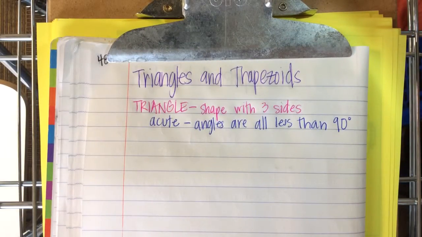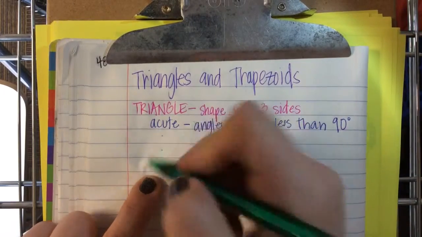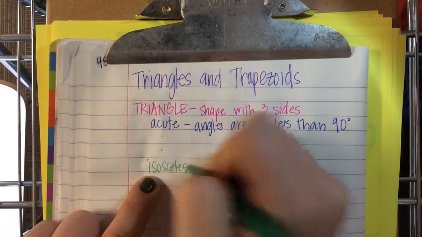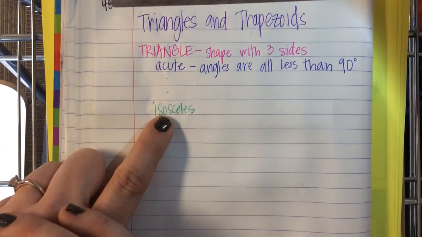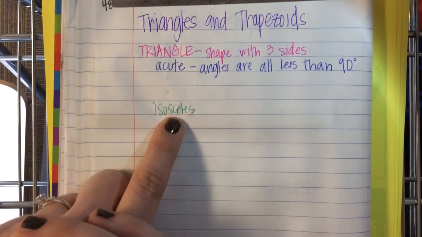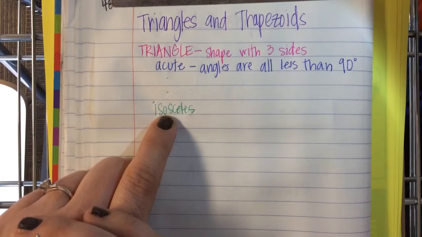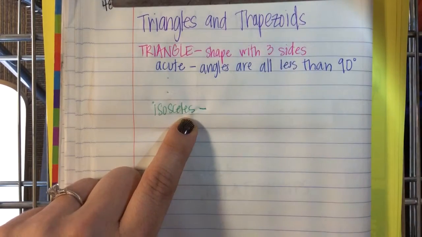Isosceles. Okay, Reagan says isosceles. I'm going to skip 2 spaces and put isosceles. I-S-O-S-C-E-L-E-S. Isosceles. And Reagan, what do you know about isosceles?